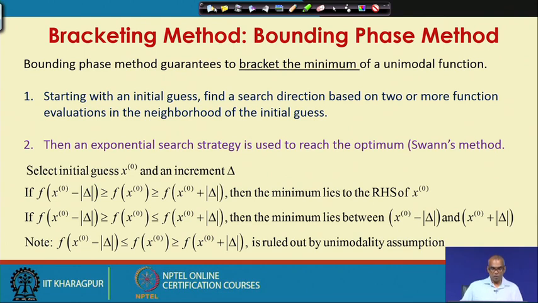If f of x 0 is bracketed by f of x 0 minus delta and f of x 0 plus delta, then the minimum lies between x 0 minus delta and x 0 plus delta. Note that f of x 0 minus delta less or equal to f of x 0, which is greater than f of x 0 plus delta, is ruled out by unimodality assumption.